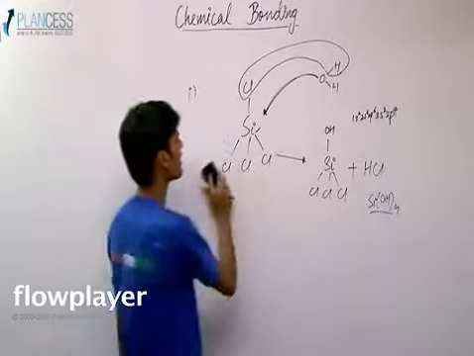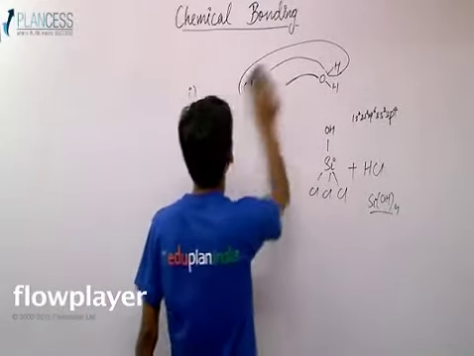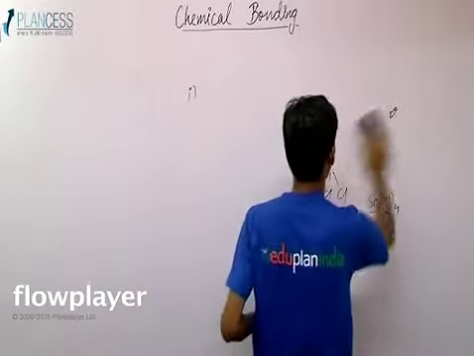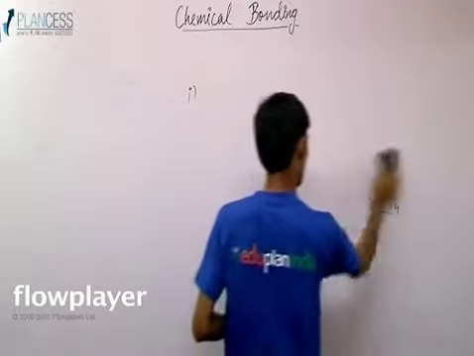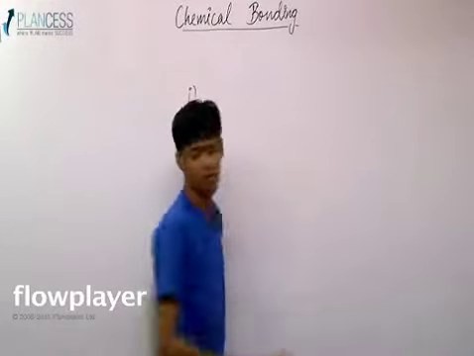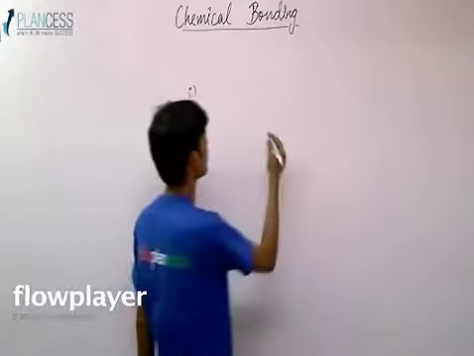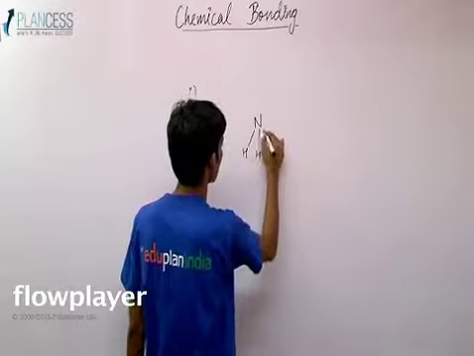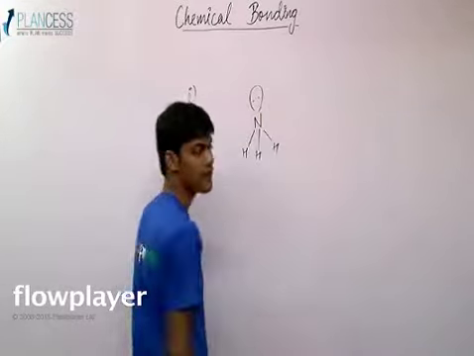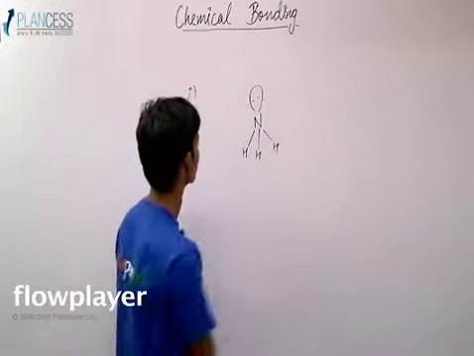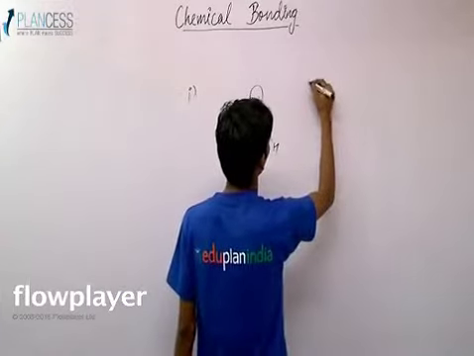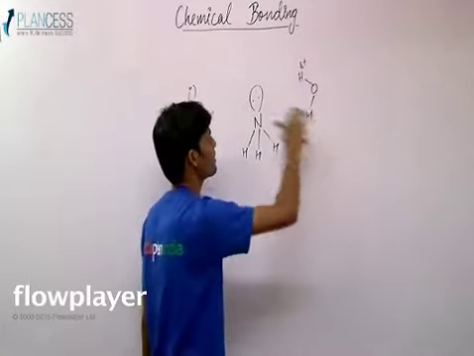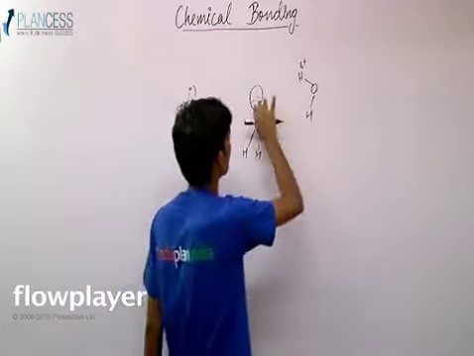There are some molecules in which no vacant orbital is present, but because of their lone pair, they attract the hydrogen atom of the water molecule and get attached to it. For example, ammonia NH3 has one lone pair, so its hybridization is sp3. In the water molecule, this hydrogen has a delta positive charge and oxygen has a partial negative charge.